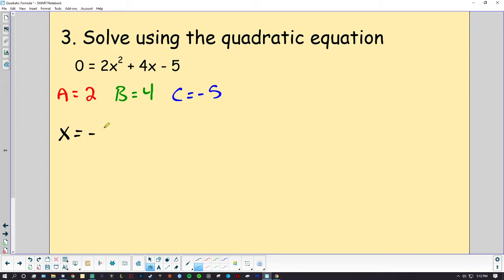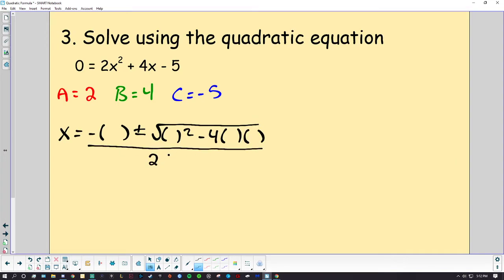So we have negative b plus or minus the square root of b squared minus 4 times a times c all over 2 times a. Plug in our values. My b's are 4's. My a value is 2. And my c value is negative 5. Is this what you got? I hope so. Hopefully you're following along on your problem.